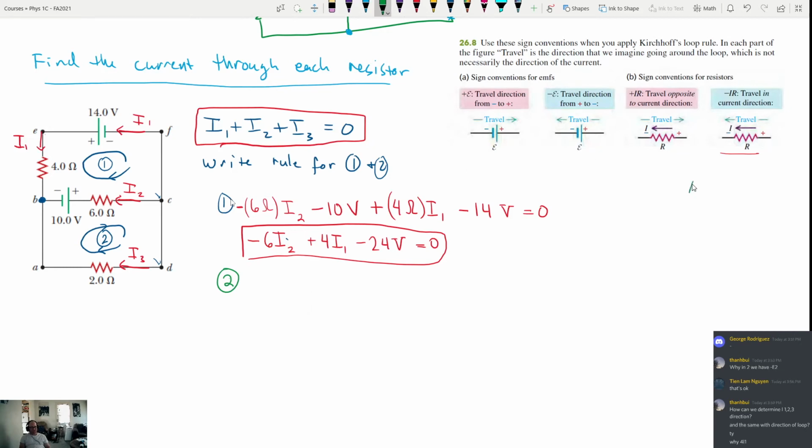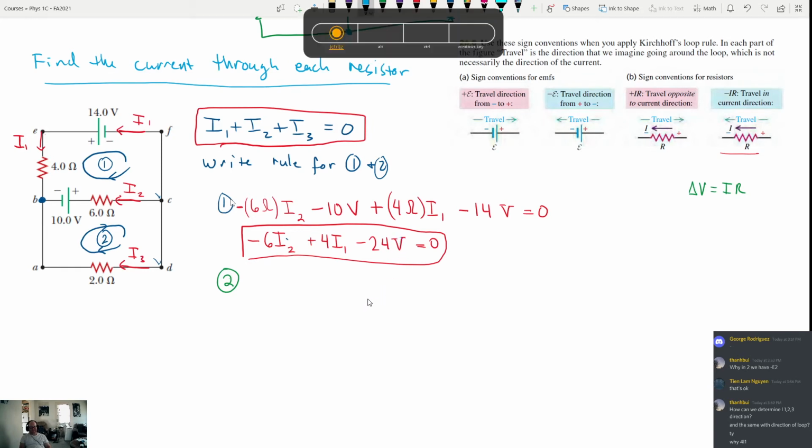Remember, what we're doing here is we're writing potential differences, and one of the ways to write potential difference is current times resistance. So here we have current times resistance. If I want to be really accurate here, as I move from this line to this line, technically what I did was I divided through by ohms. So this should technically be like amps now.